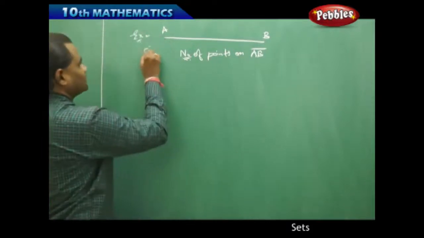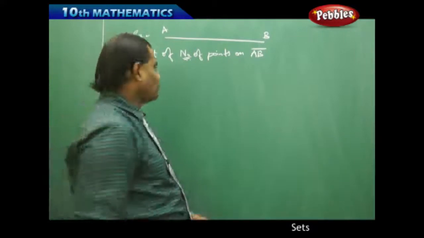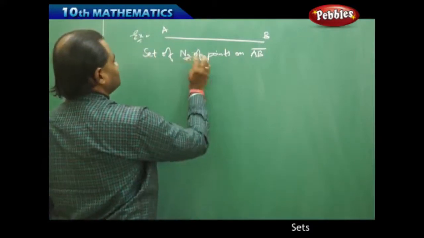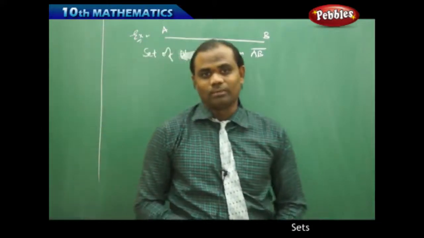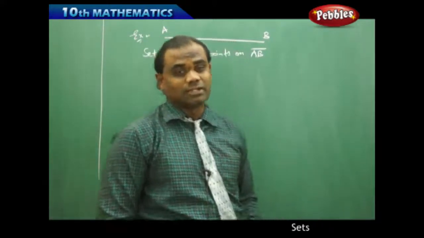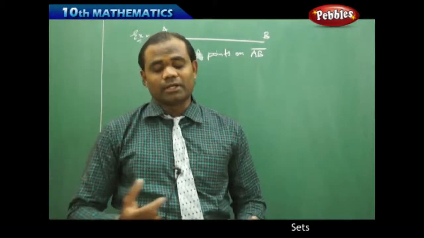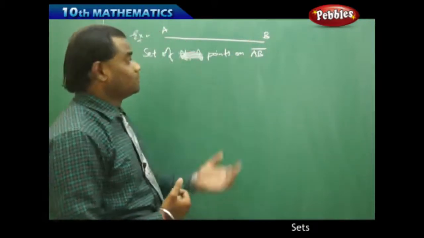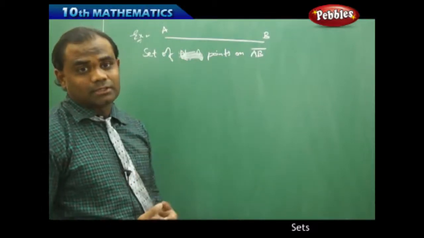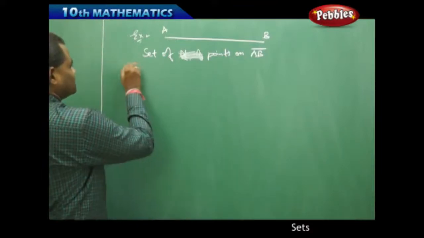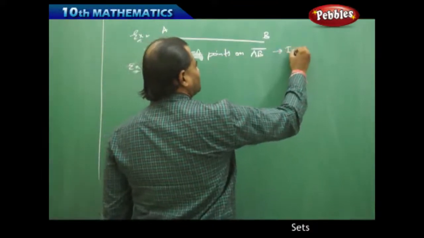If I take the set of all points on AB, the set of points on AB will also form an infinite set because there are infinitely many points on AB. So geometrically, you can identify the different types of concepts which can be connected to the geometrical part. So for example, this will be an infinite set.